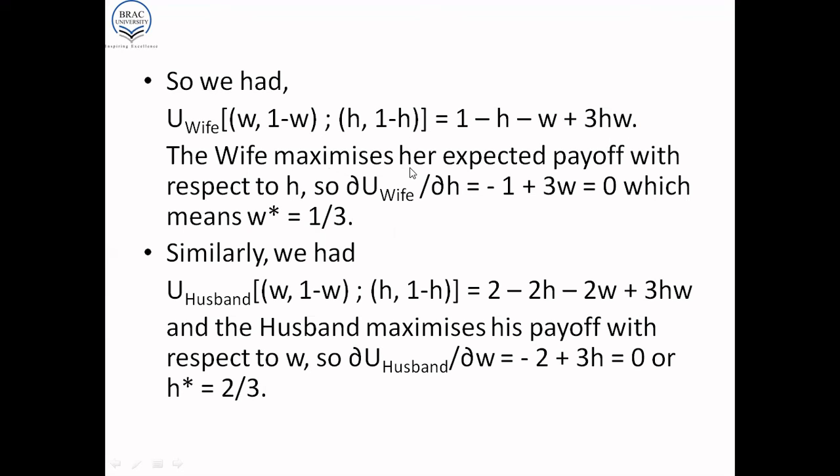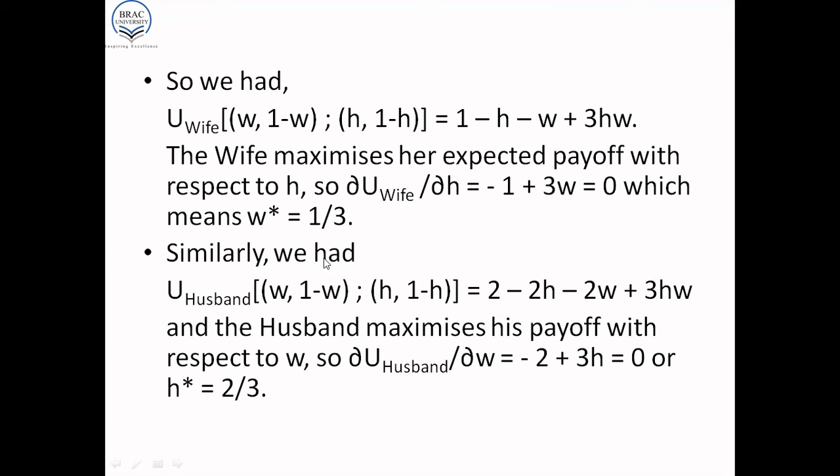And the wife maximizes her expected payoff with respect to H because her best responses depend on H. So del U by del H is equal to -1 plus 3W. You set it equal to 0 because we are optimizing or maximizing. And from here, you can directly calculate that W star is equal to 1/3.